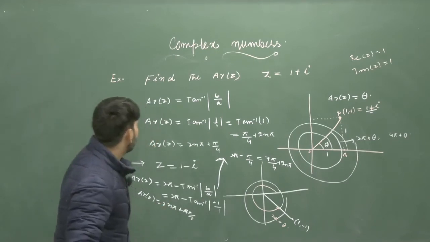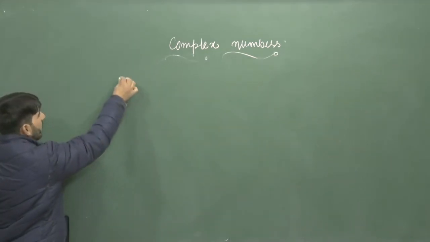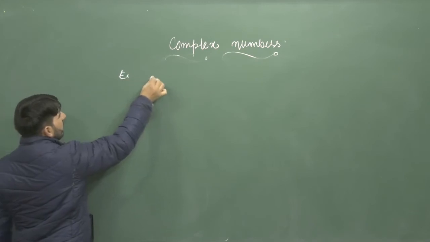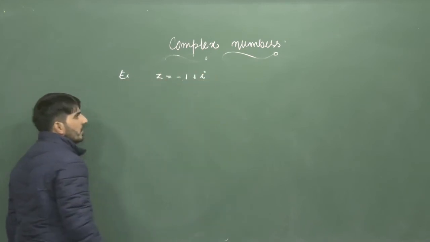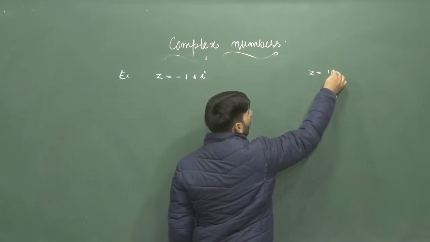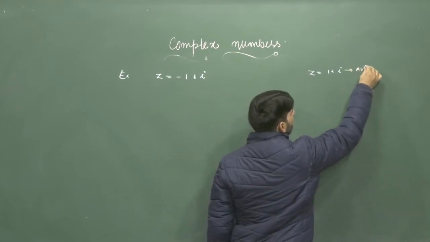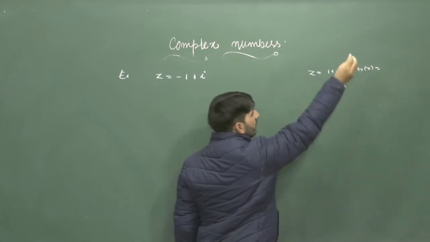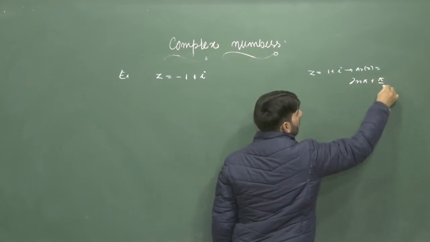If we change this complex number again, now let's take the complex number z is equal to minus 1 plus i. First complex number was z is equal to 1 plus i, and its argument was 2n pi plus pi by 4.